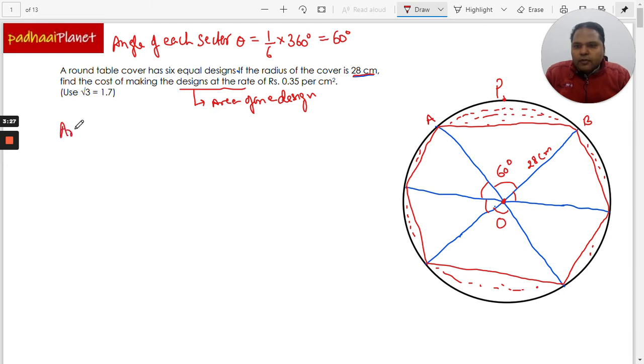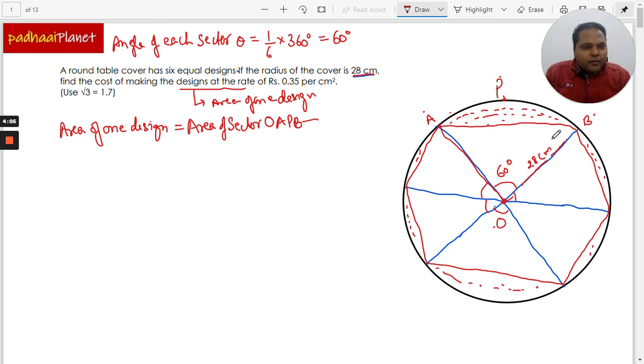So the area of one design will be equal to the area of the complete sector OAPB, and from this we will have to subtract the area of the triangle OAB.